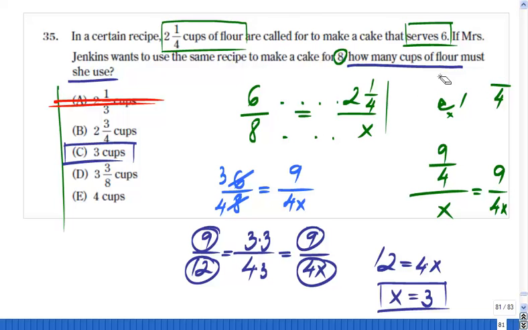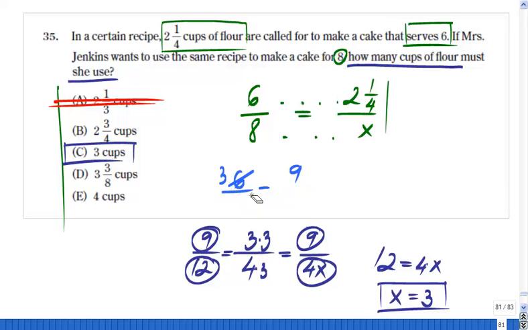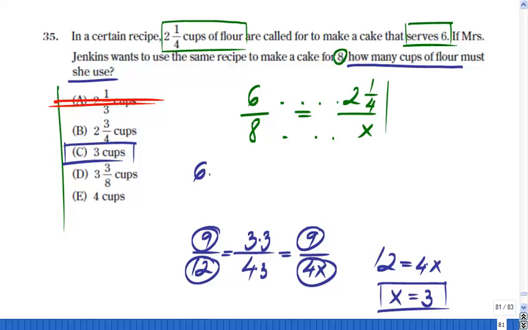Like I said, you can also solve this problem by just starting with what is given to you. That's 6 servings needing 2 cups and a quarter.